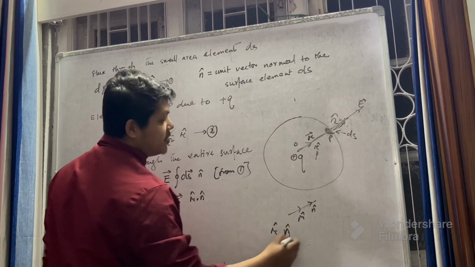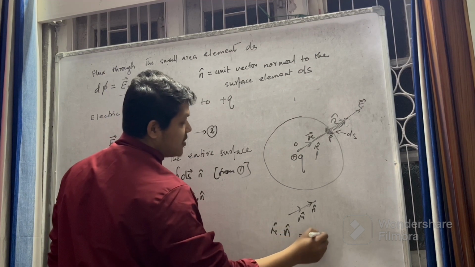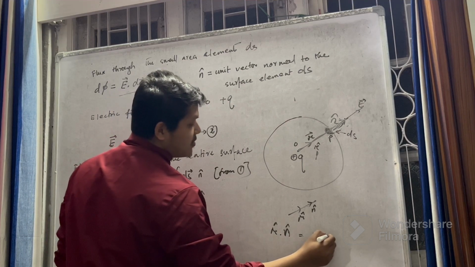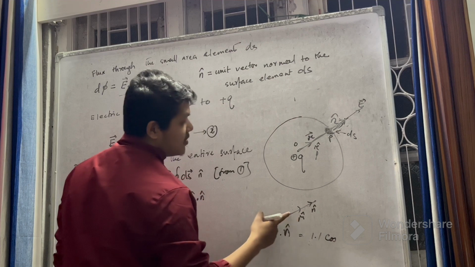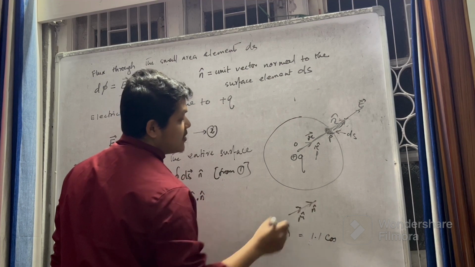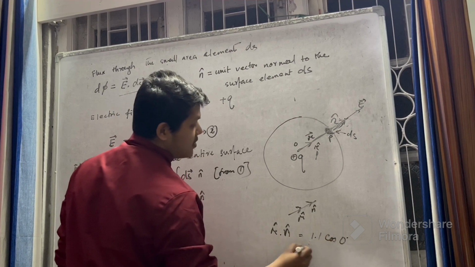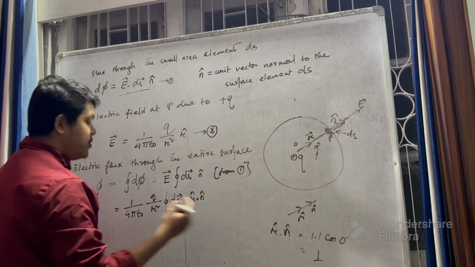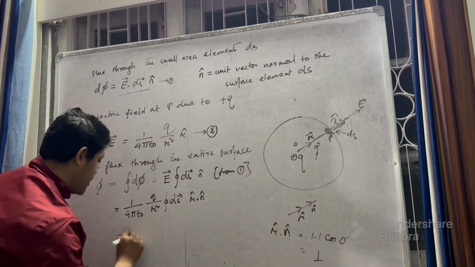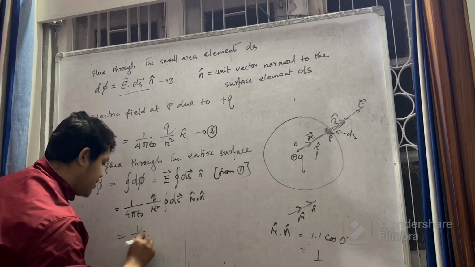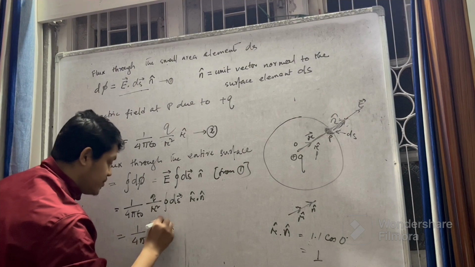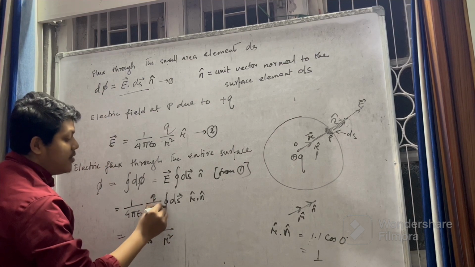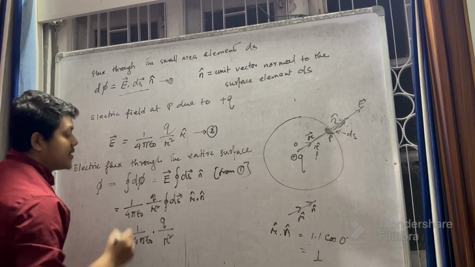These two are unit vectors, so their magnitude will be 1, and both are directed in the same direction, so cos 0 degree, cos 0 is 1, so the dot product of these two becomes 1. So 1 by 4 pi epsilon naught Q by R square, and integration of ds.